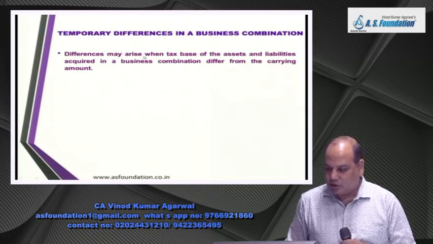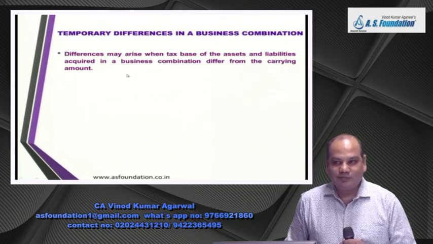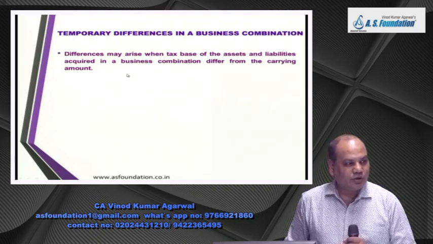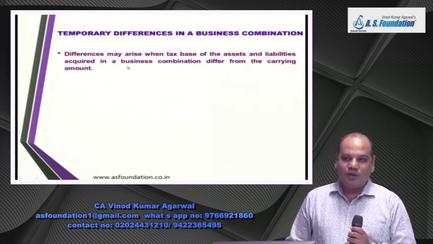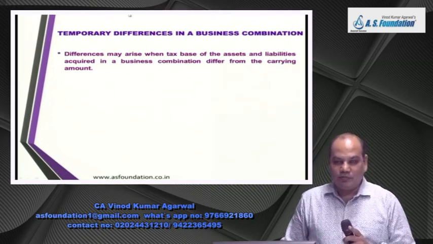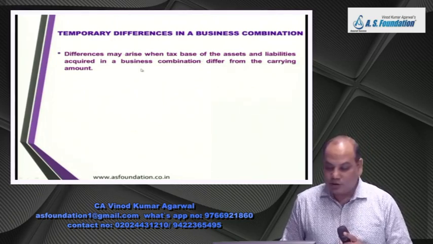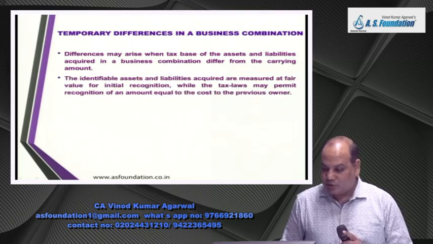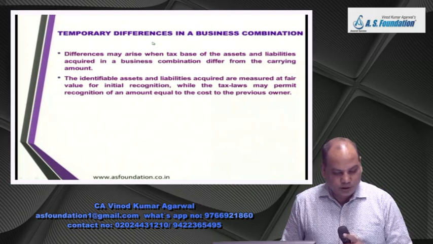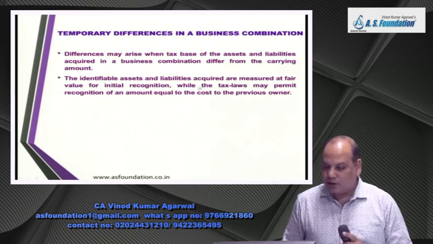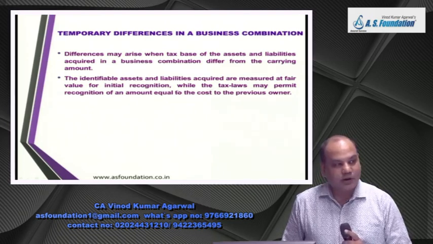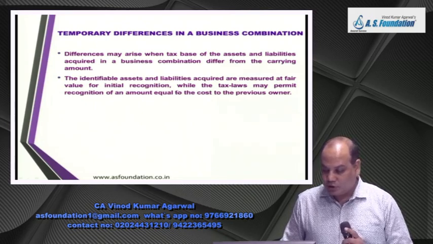Can we recognize DTA on goodwill? If the tax jurisdiction allows you, then you can. Is it right? So difference may arise when tax base of assets and liabilities acquired in business combination differ in carrying amount. So this is about paragraph 27. The identifiable assets and liabilities acquired are measured at fair value for initial recognition.